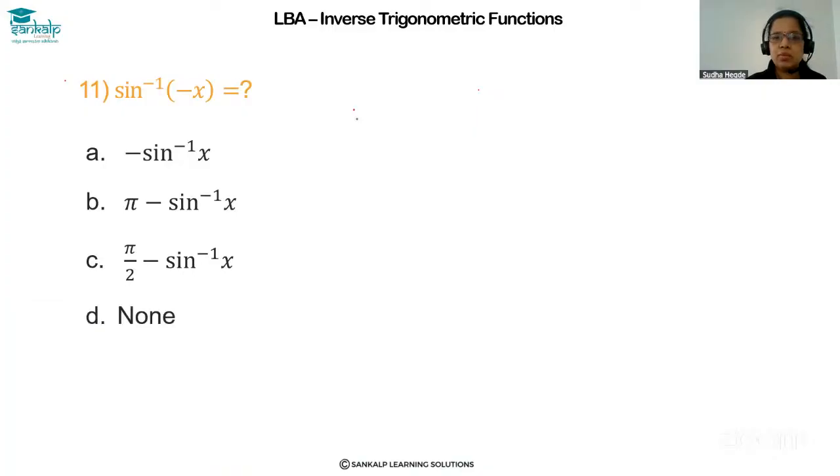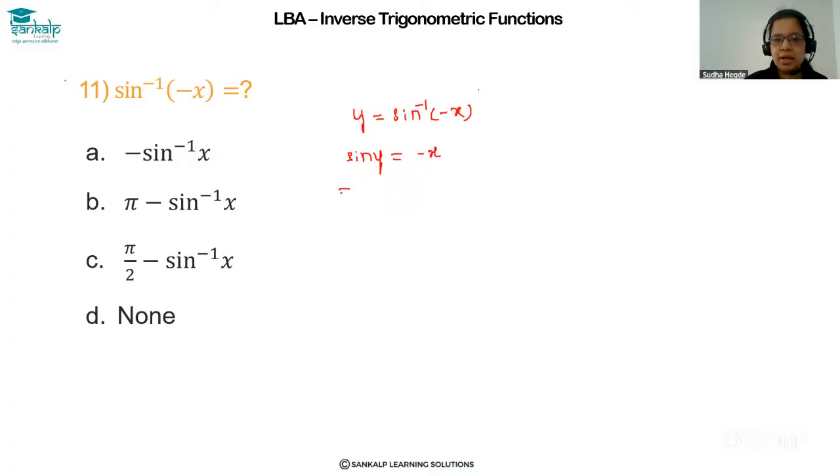Y is equal to sine inverse minus x. So now move this sine to this side. So sine y, since it is invertible, you can move. So sine y is equal to minus x. Correct?